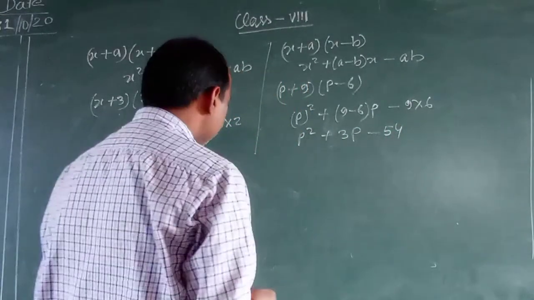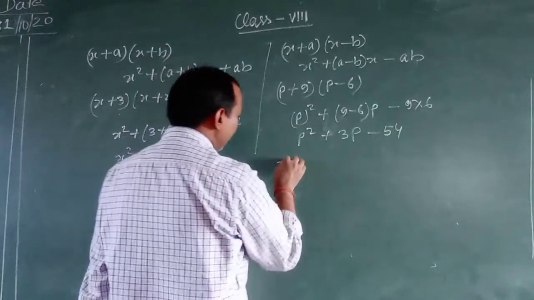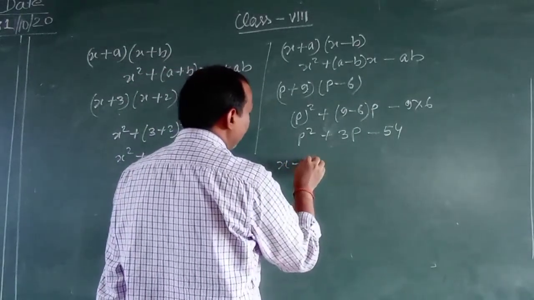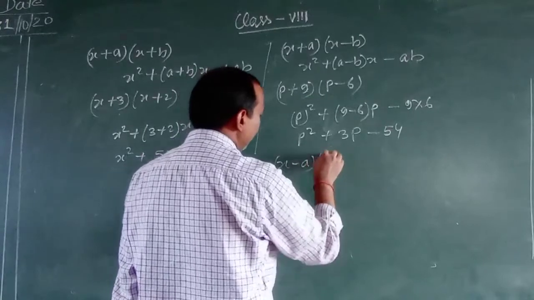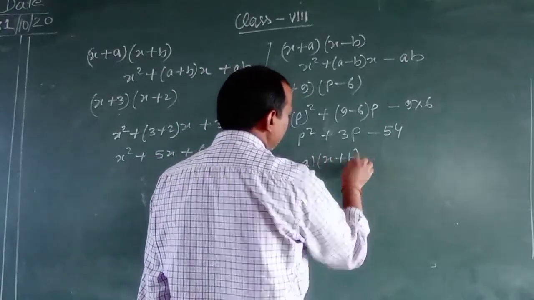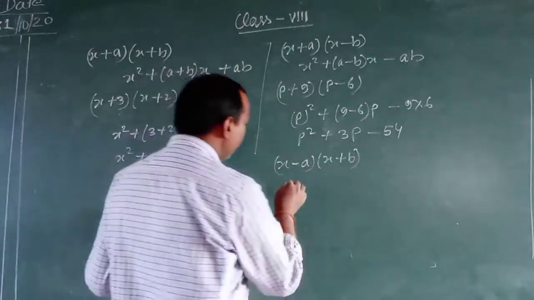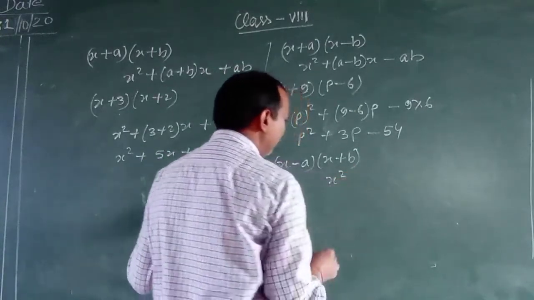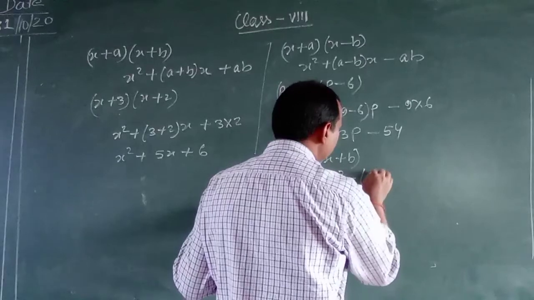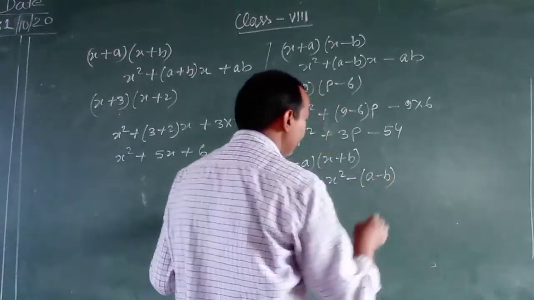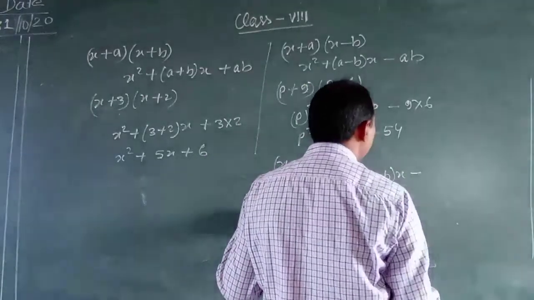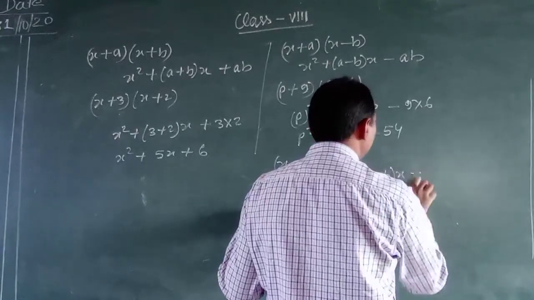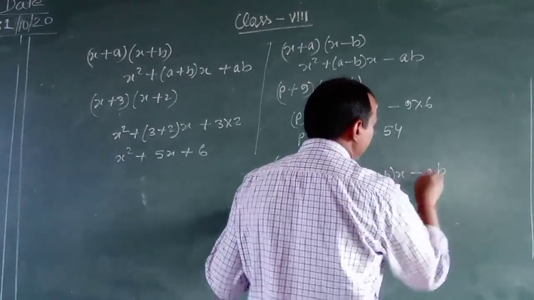So our next is x minus a into x plus b. Here the equation is x square minus a minus b into x minus a into b.